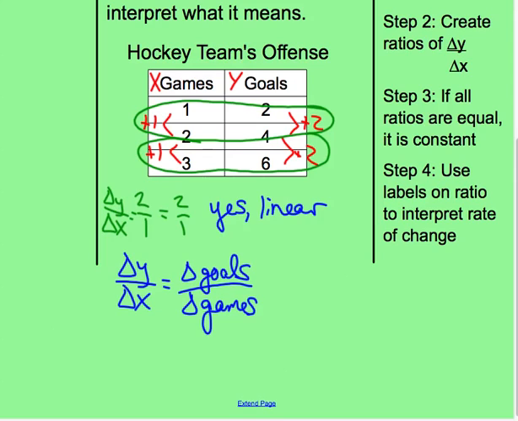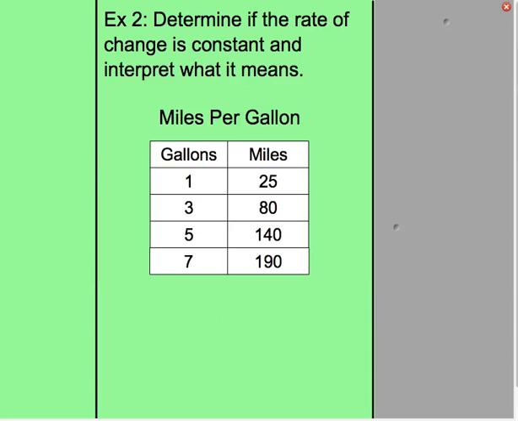So if we simplify this, this 2 over 1 means that we scored 2 goals per game. So that is the interpretation of our rate of change. Let's take a look at another example and practice this some more. Labeling the rate of change is what I found to be the most difficult part for students typically.